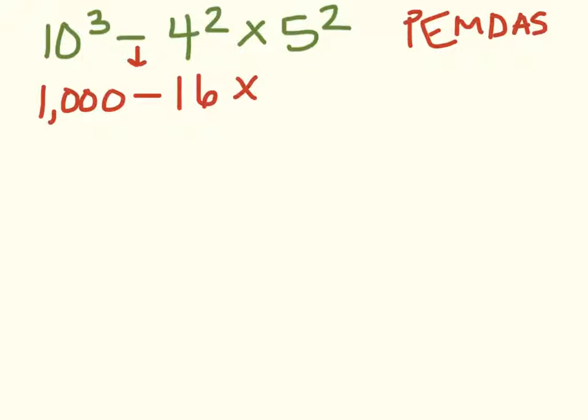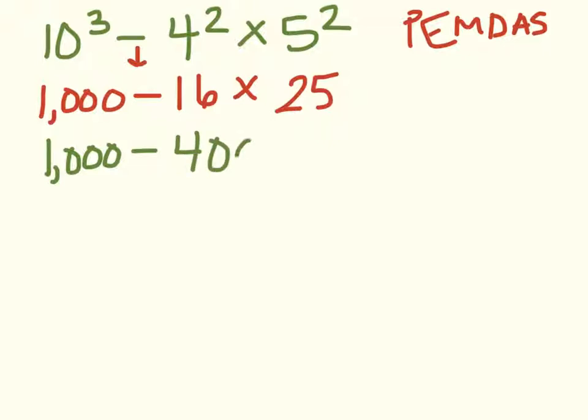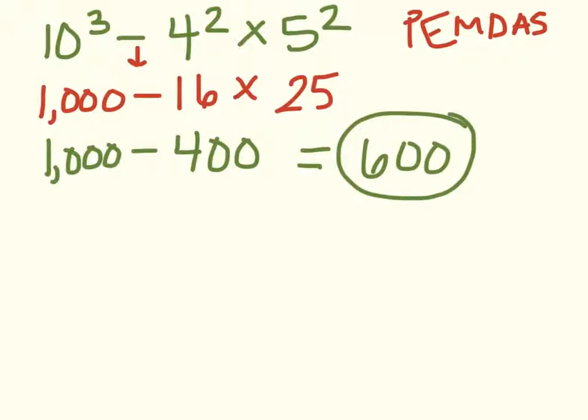Times 5 squared equals 25. Now, following the rules of PEMDAS, we multiply before we subtract. So we have 1,000 minus 16 times 25, which is equal to 400. And now we solve by subtracting for our final answer, which is 600.